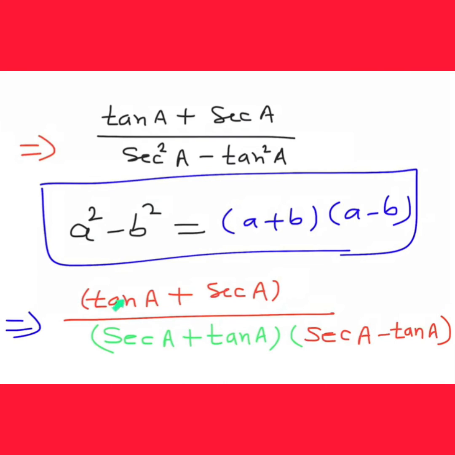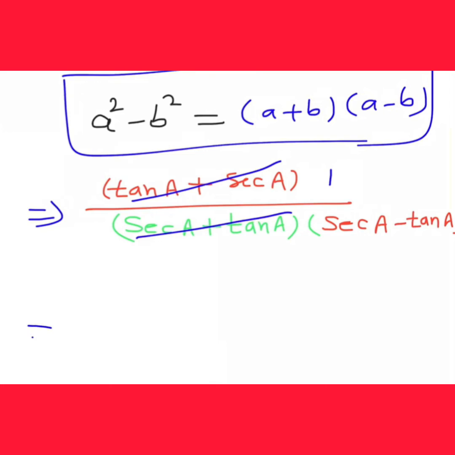Now you observe here, this first term is same to same, tan A plus sec A and tan A plus sec A. You can cancel out once again. Here remaining is 1 only.